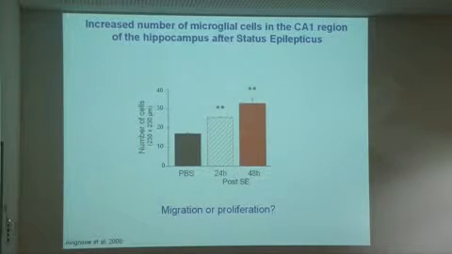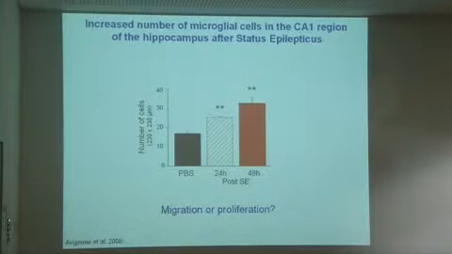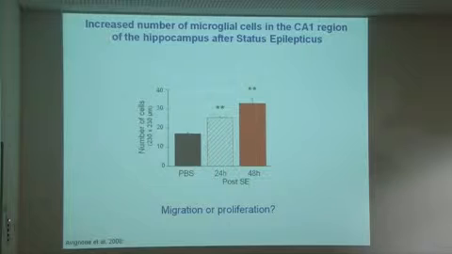We quantified the numbers of microglial cells, and you see that their number increases after the induction of the status epilepticus. By 2 days after the status, we have roughly a doubling of the number of microglial cells in the CA1 region of the hippocampus. So this could be due to migration and proliferation.